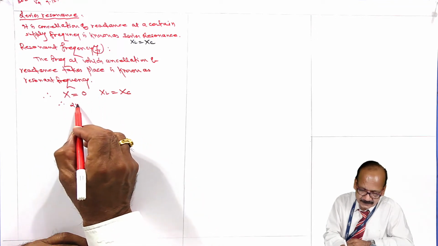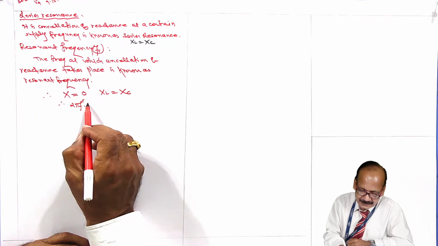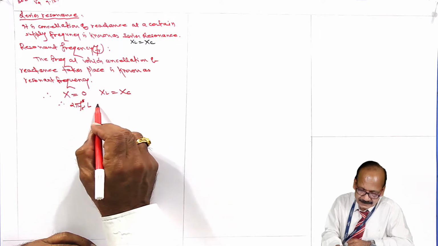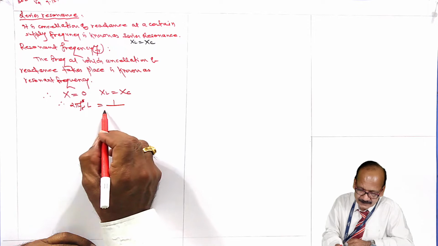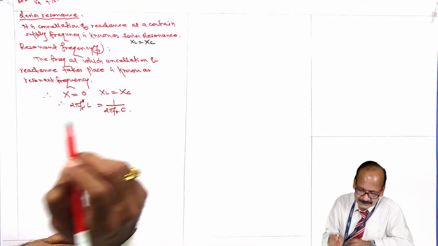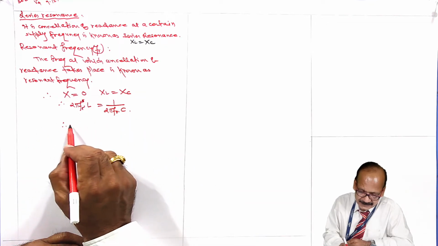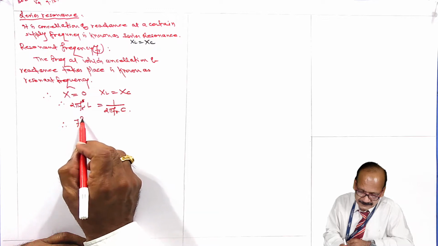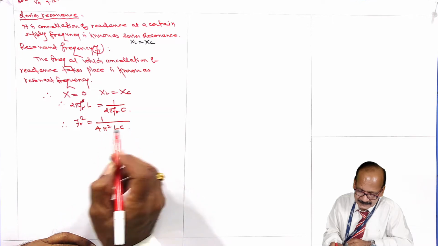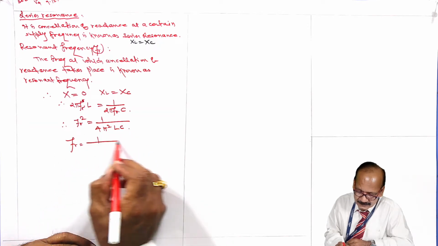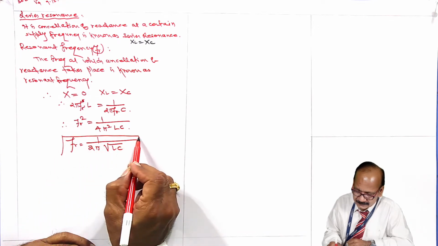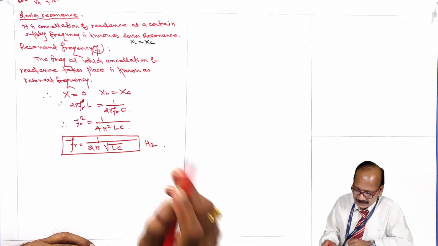So XL is nothing but 2 pi Fr into L, where Fr is the resonant frequency, equal to, what is XC? 1 upon omega C, that is 2 pi Fr into C. So this can be written as Fr square equal to 1 upon 4 pi square LC, and therefore Fr equal to 1 upon 2 pi under root LC. So this is the expression for resonant frequency.